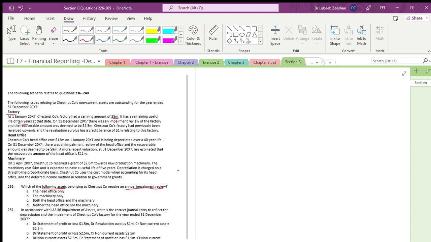On 31st December, there was an impairment review of the factory, and the recoverable amount is 2.5 million. The Chestnut factory has previously been revalued upwards, and the revaluation surplus has a credit balance of 1 million relating to the factory.